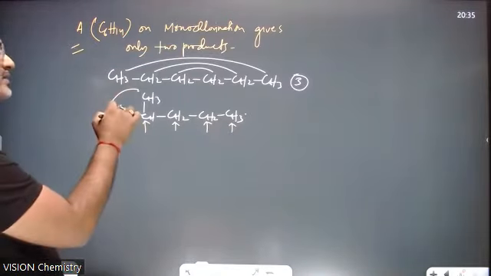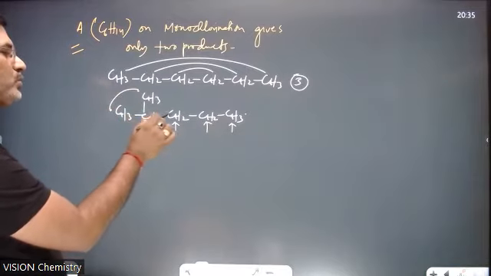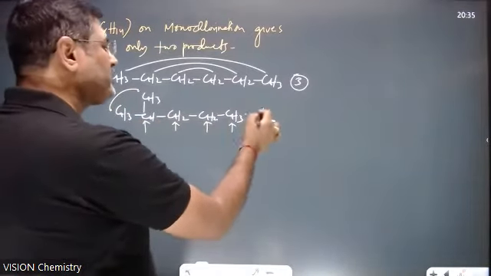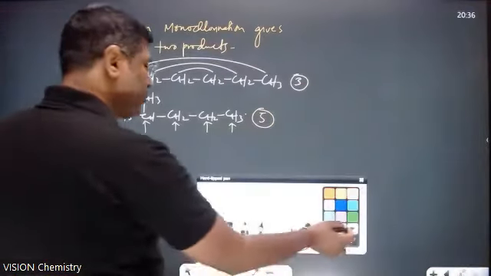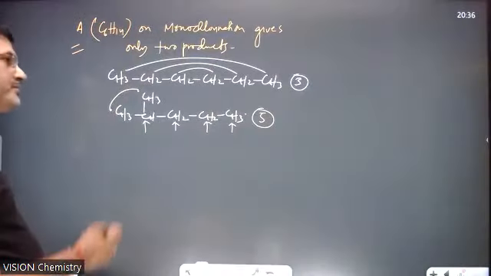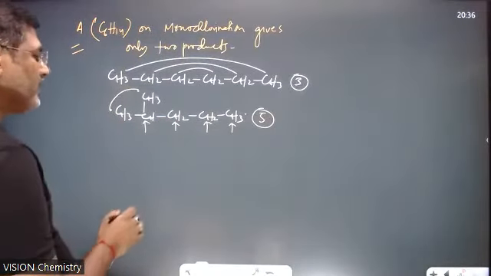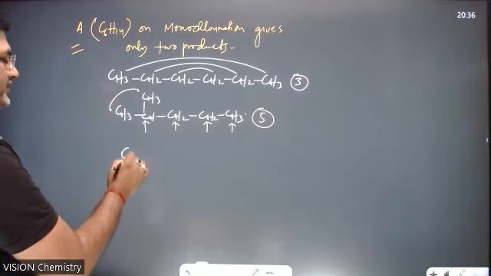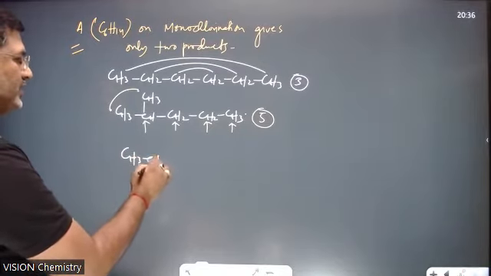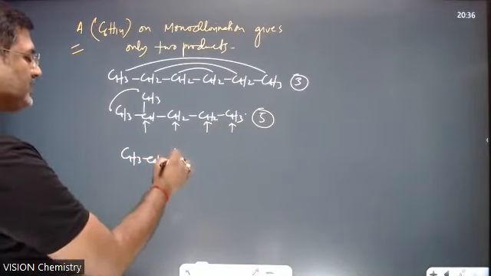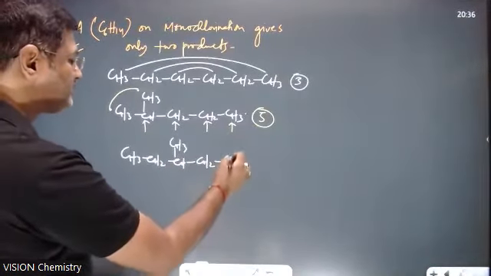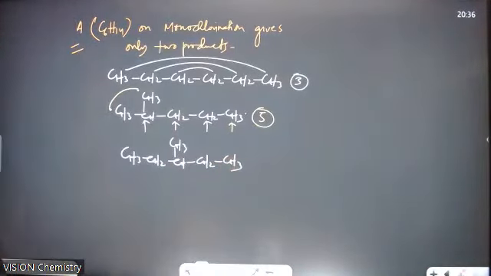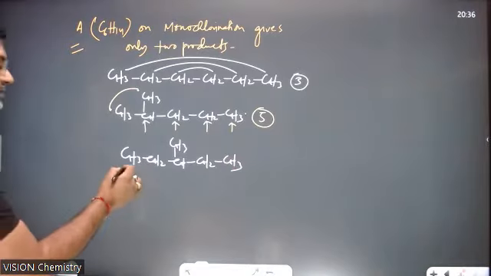In this case, 1, 2, 3, 4, 5 different monochlorinated products. This is also not A. We take here CH3, CH2, and there the CH3, CH2, CH3.